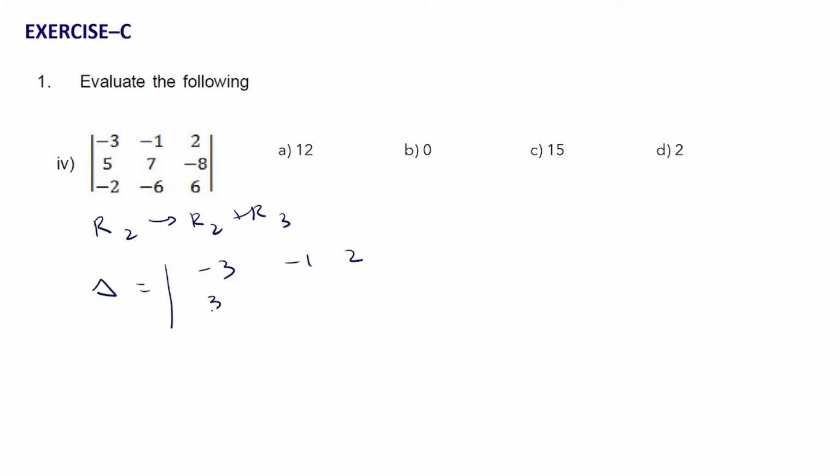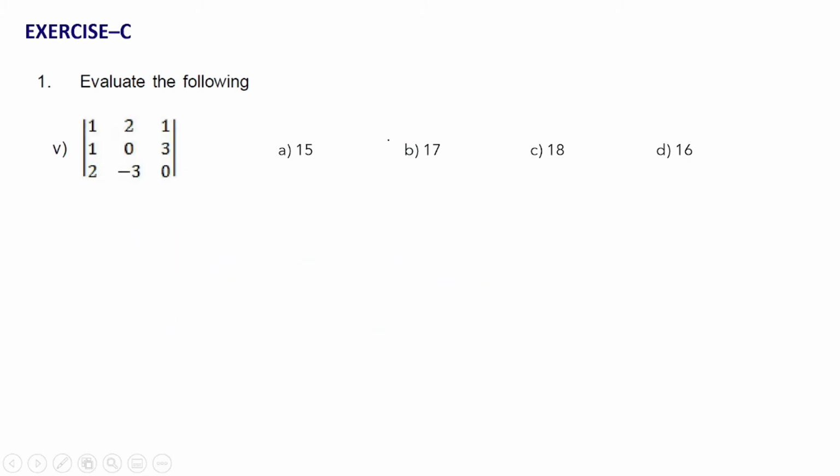So 5 minus 2 is 3, 7 minus 6 is 1, and minus 8 plus 6 is minus 2. And then next we have minus 2, minus 6, 6. Here we can see that these two rows are proportional. So the value of this determinant is 0. So this is equal to 0. So the correct option is option B, 0.